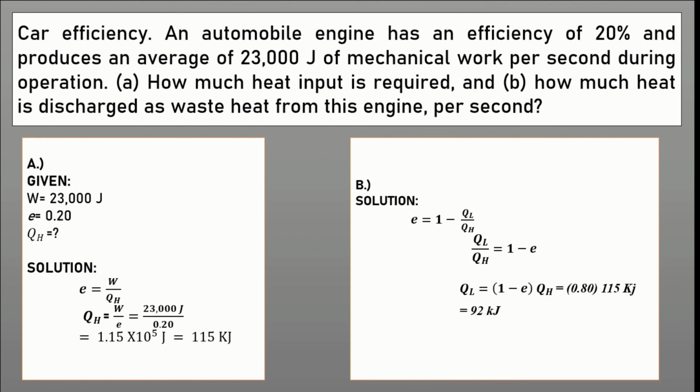In letter B, a continuation of the QH, which is 115 kJ, just substitute all the givens, and then you'll get 92 kJ.